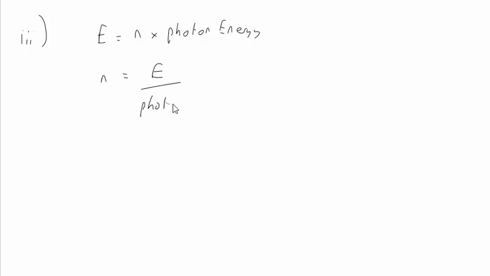In part 3, we're to estimate the total number of photons emitted per second from the surface. Well, the total energy will be equal to the number of photons times the photon energy. So the number of photons is equal to energy over photon energy.